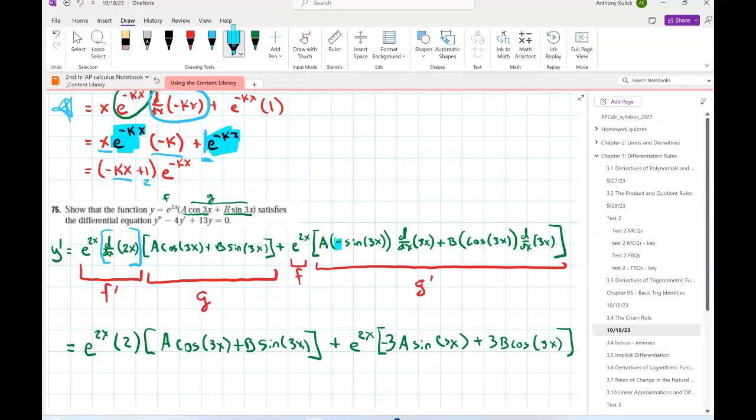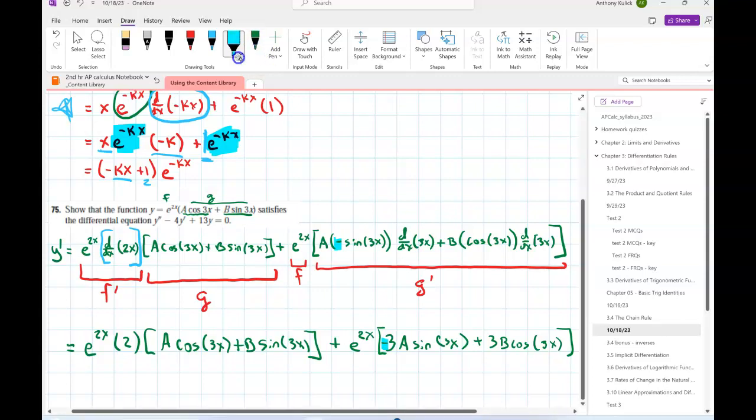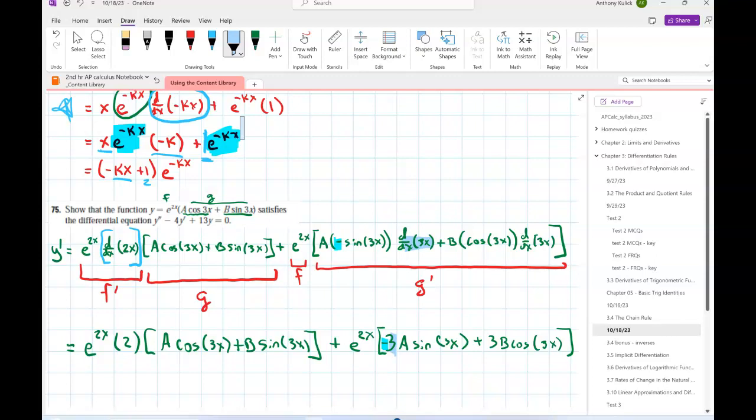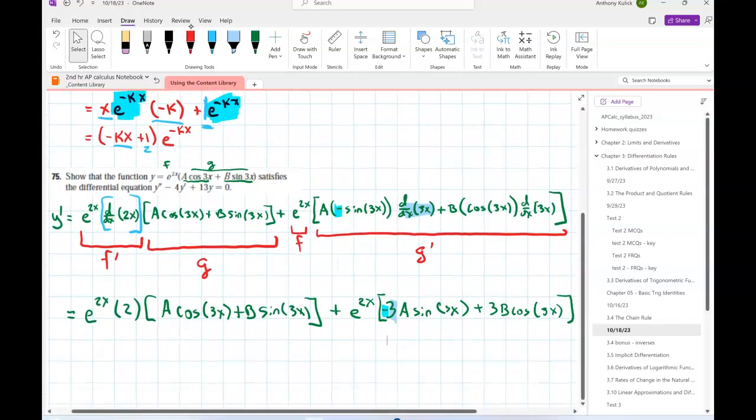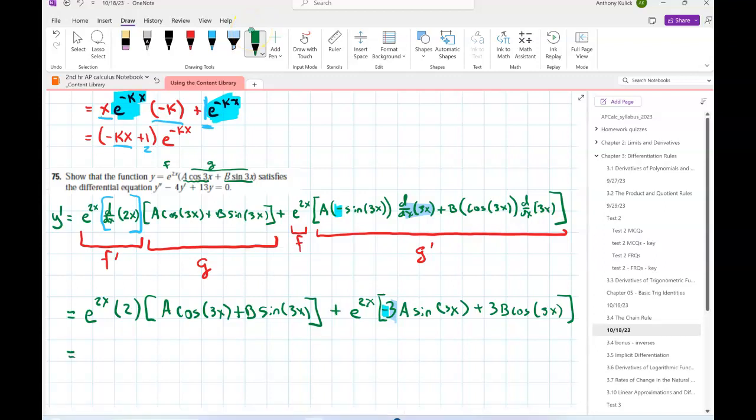The negative sign is there. And the 3 comes from the chain rule. How is there still 3x in the sine? Because when we do the chain rule, the inside doesn't change. The inner function just stays the same.